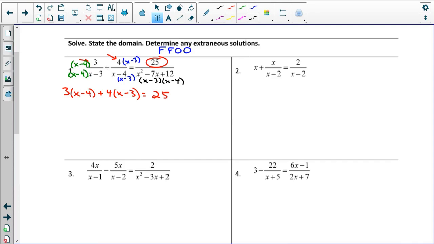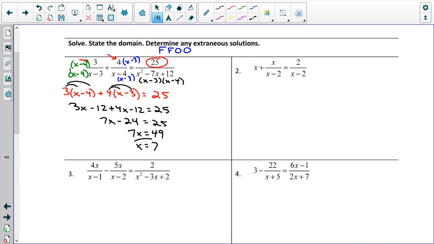Now I'm going to distribute. I have 3x minus 12 plus 4x minus 12 equals 25. If I combine like terms, I have 7x minus 24 equals 25. I have 7x equals 49, so x equals 7.